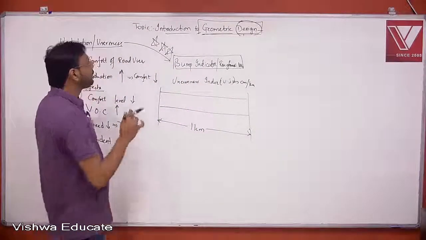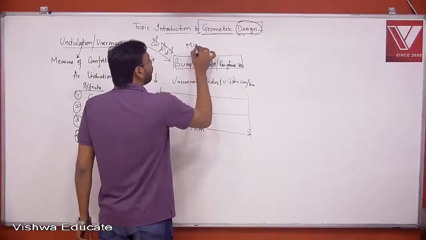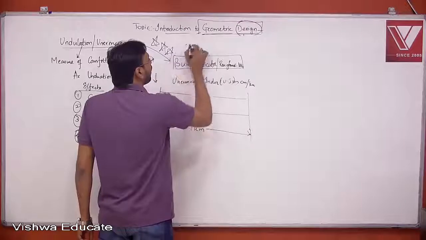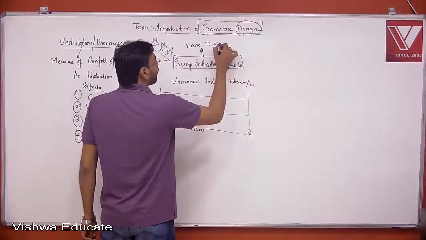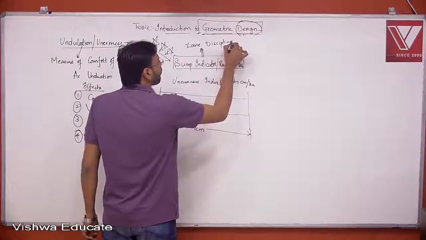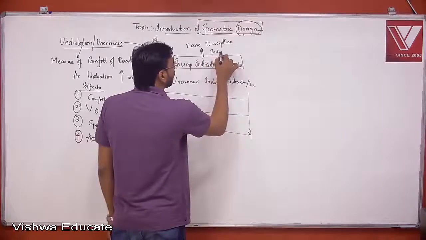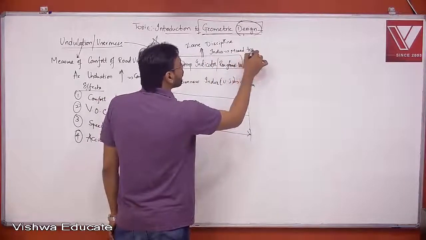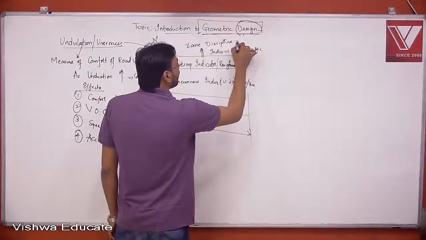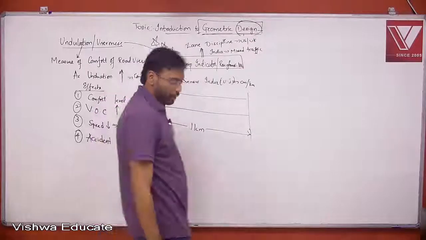And generally, this bump indicator or roughometer is suitable for roads which are having lane discipline. In India, we have mixed traffic conditions, whereas in the US, in the UK, they have lane discipline.